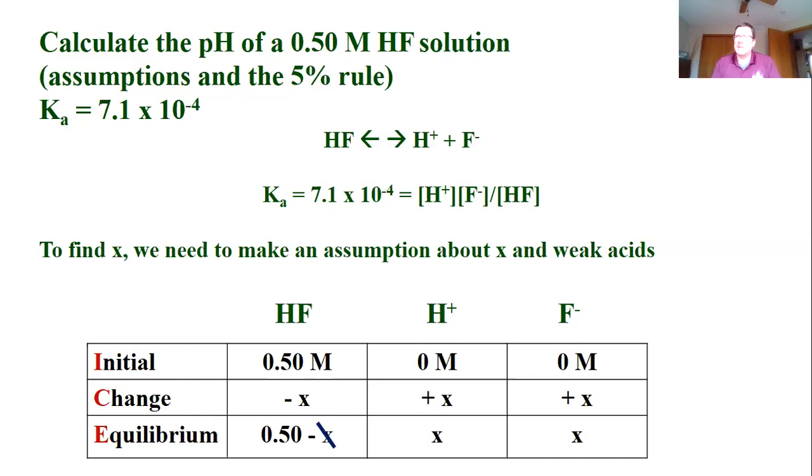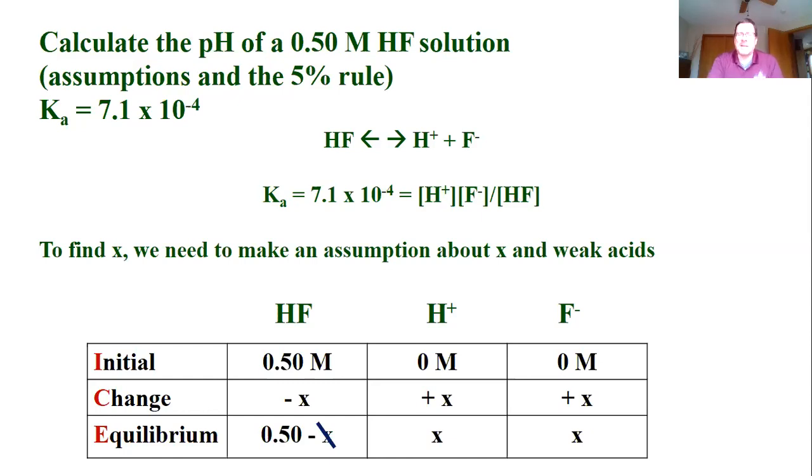Because it's a weak acid, X is going to be a very small number, and even at equilibrium it stays mainly compound, so that small amount of X is really not going to change the 0.5 significantly for the math.